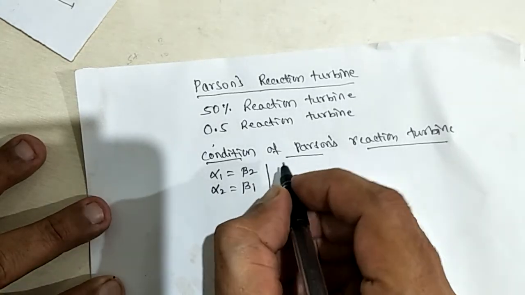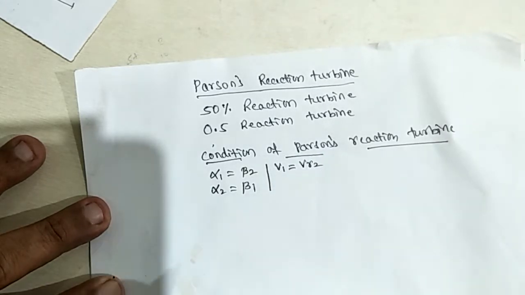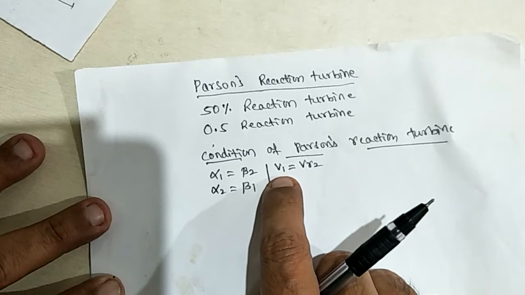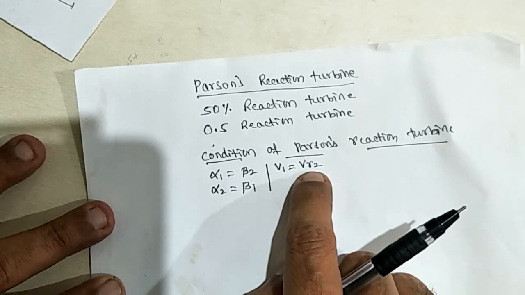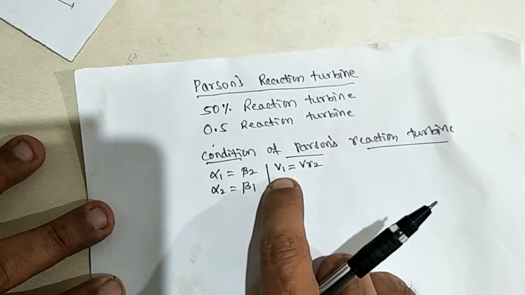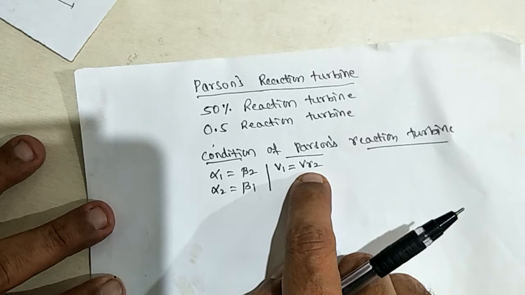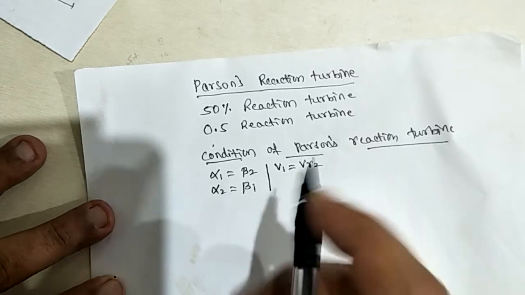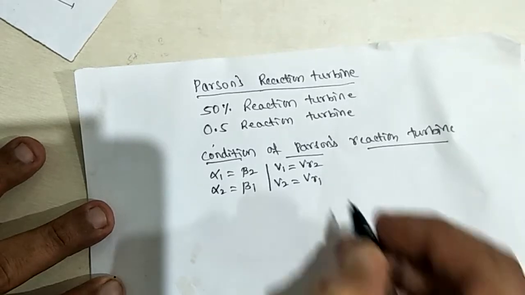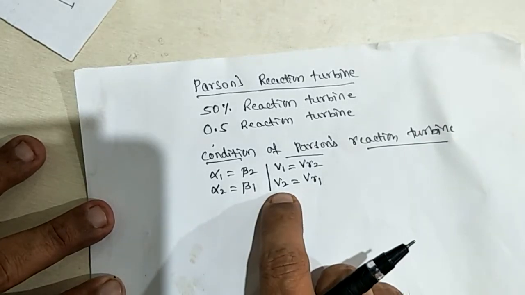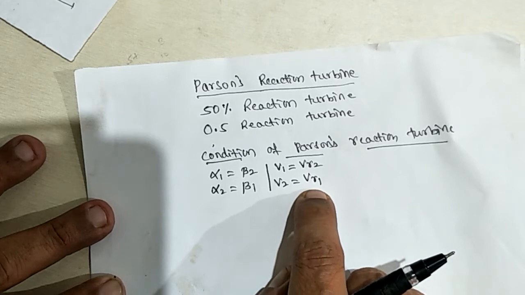Then the second condition is V1 is equal to VR2. The absolute velocity of the steam at the inlet is equal to the relative velocity at the exit. Then similarly V2 is equal to VR1, so the outlet velocity of the steam is equal to the relative velocity at the inlet.